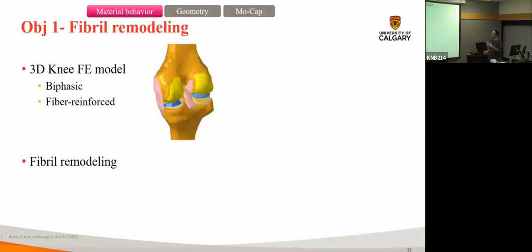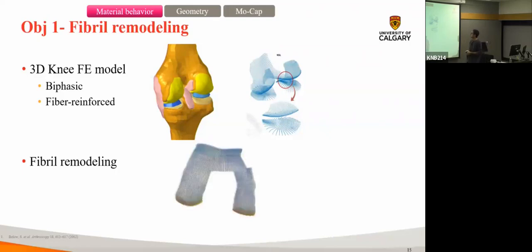So we have this 3D finite element model of the knee where the cartilage is biphasic, fiber reinforced. And we wanted to investigate the effect of fiber orientation on the strain distribution of the cartilage.